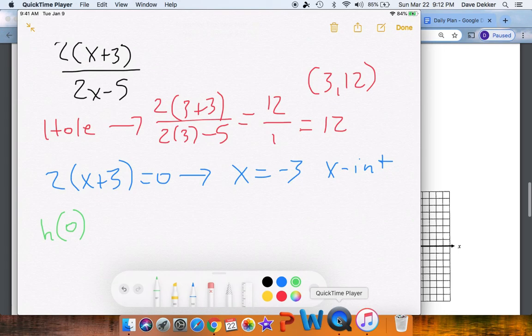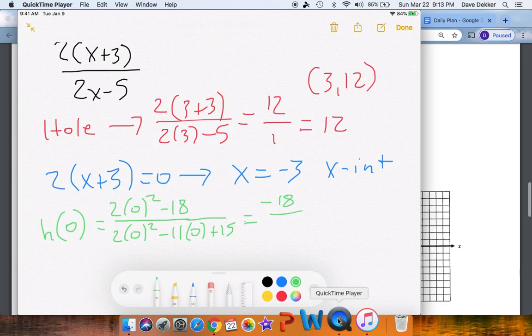But if we did the original, I'm going to have 2 times 0 squared minus 18 divided by 2 times 0 squared minus 11 times 0 plus 15. In the end, that just gets me negative 18 over 15, which is negative 1.2.